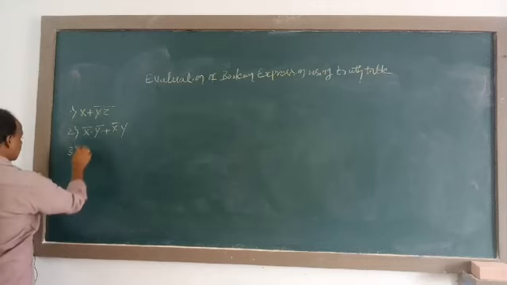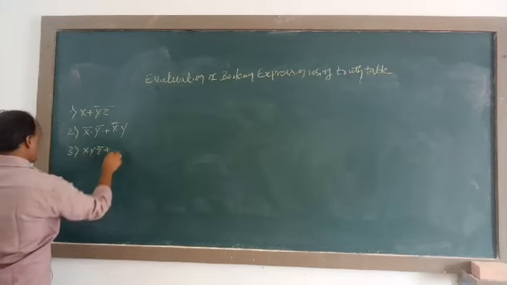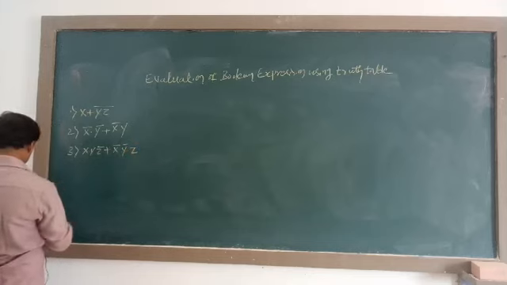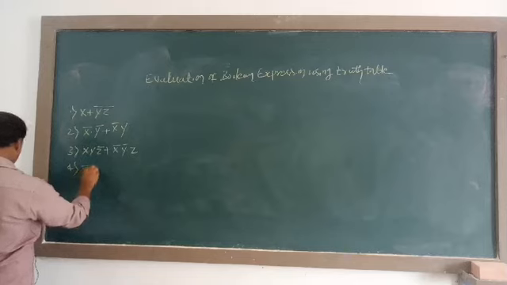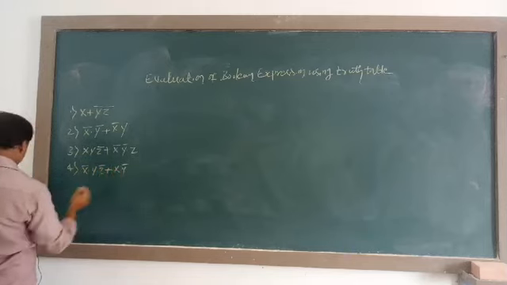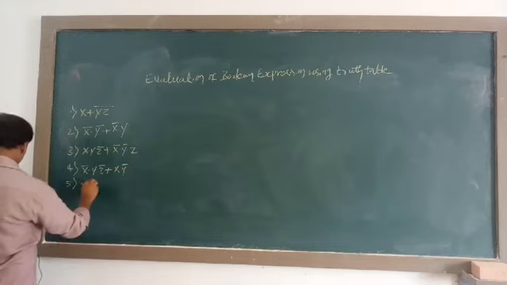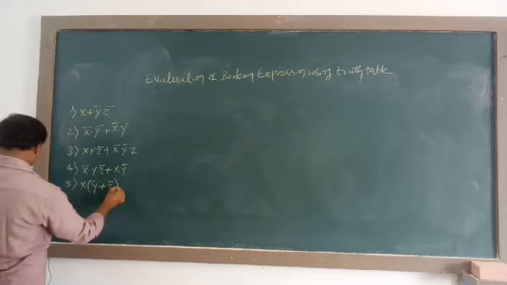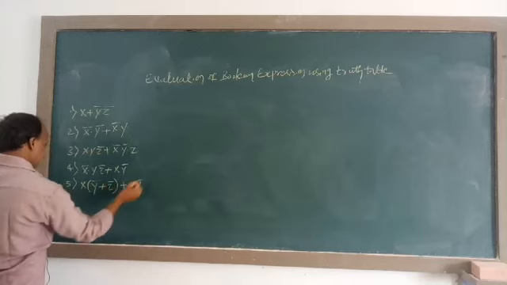Third one, x into y into z bar plus x bar into y bar into z. Fourth one, x bar into y into z bar plus x into y bar. Fifth one, x into bracket of y bar plus z bar bracket close plus x into y bar.